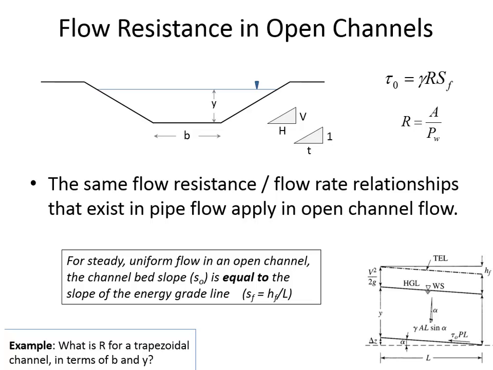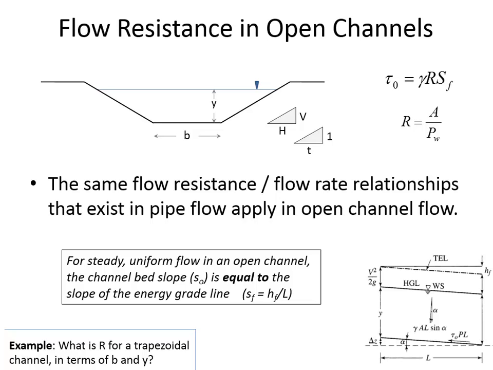And so that means that the depth upstream and the depth downstream are the same. So for steady, uniform flow, the channel bed slope, and this is the slope of the bottom of our channel, is going to be equal to the slope of the energy grade line and the slope of the hydraulic grade line. All three of those slopes will be equal to each other for steady, uniform flow.